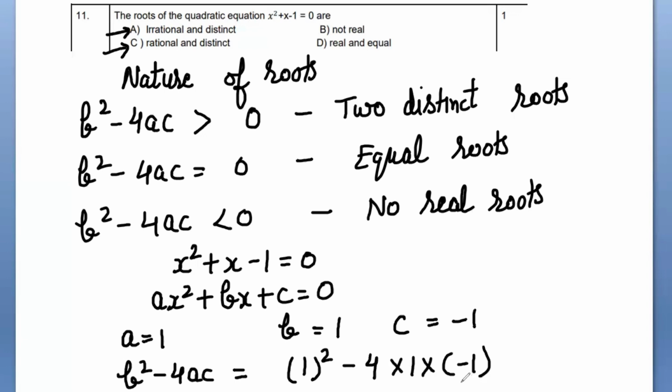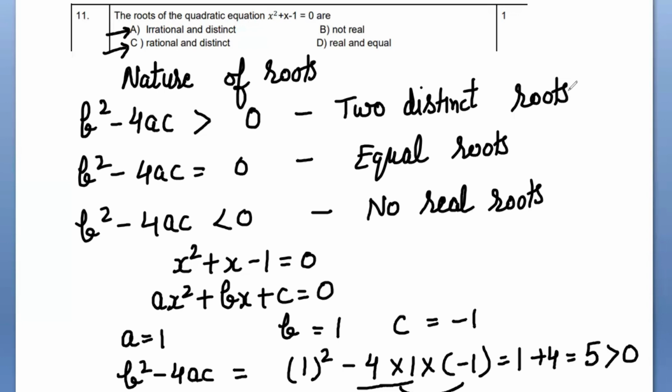We always write the negative value within the bracket. Solving, I get 1, minus 4 into 1 is minus 4, minus 4 into minus 1 is plus 4, which equals 5. Since 5 is greater than 0, this equation has two distinct roots.